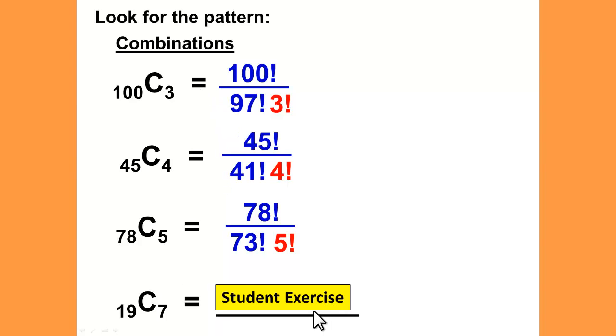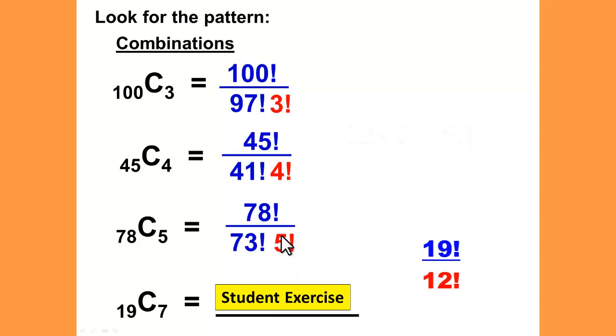What would the top of our fraction be for 19C7? Well, it looks like the top should be 19 factorial. What would our bottom be? Well, it looks like we need 2 parts to our bottom. The first part would be the subtraction of 19 minus 7, which is 12 factorial.